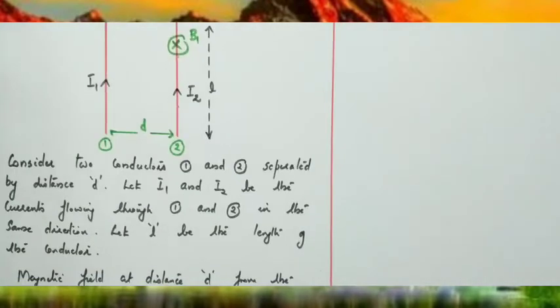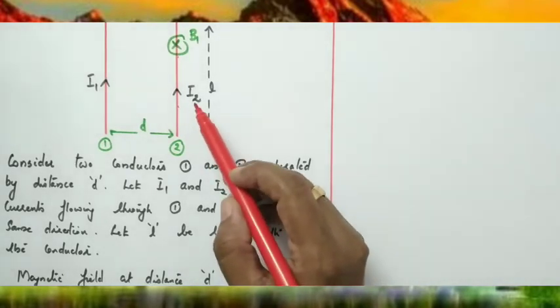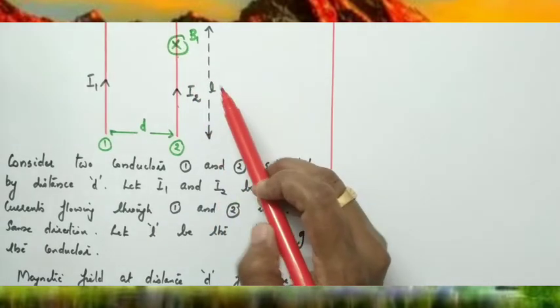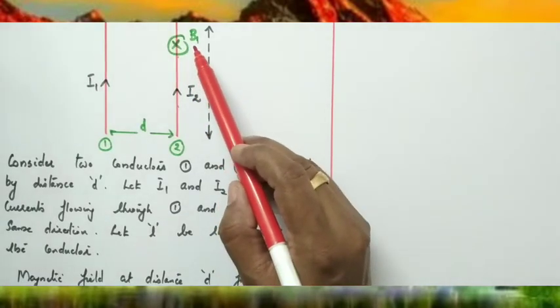Now, we can see that the current flowing through the second conductor is I2. This second conductor of length L is placed in which magnetic field? It is placed in the magnetic field B1. Is it clear?